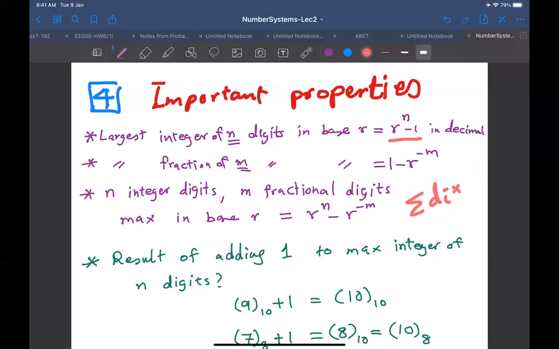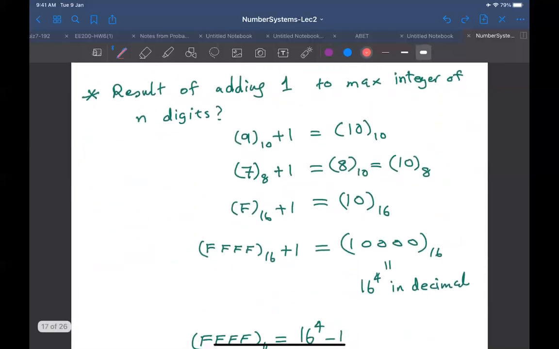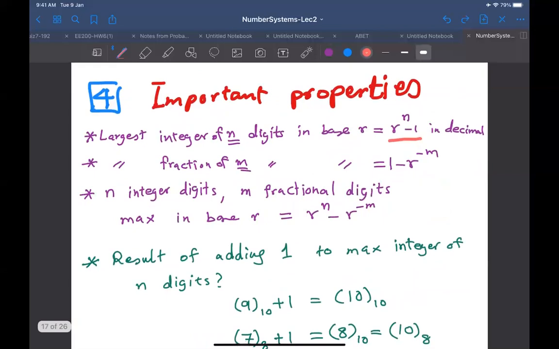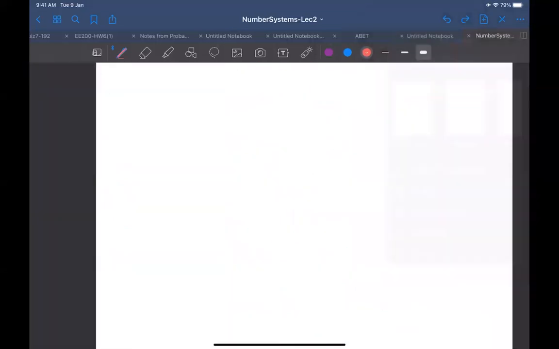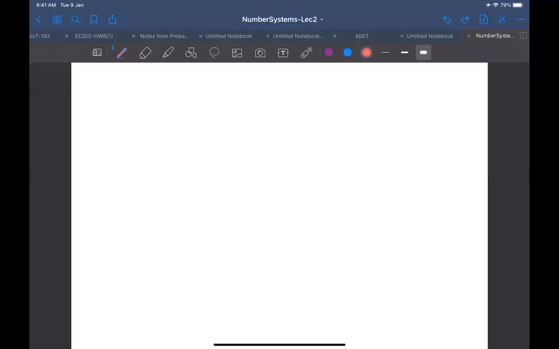Doctor, I didn't understand. Come again? Let me add a new page here. If I tell you what is the decimal equivalent of this number here, how can you convert it to decimal?